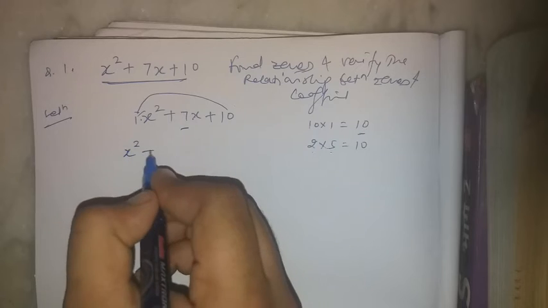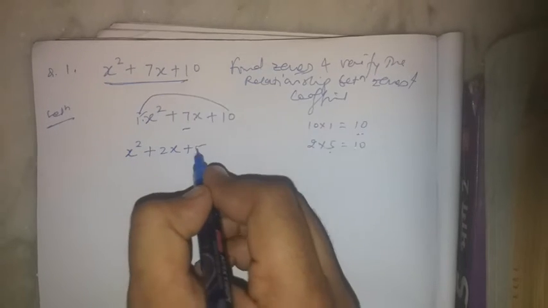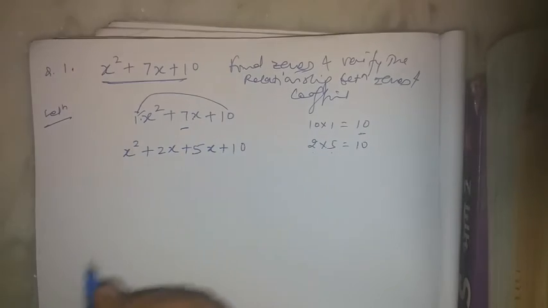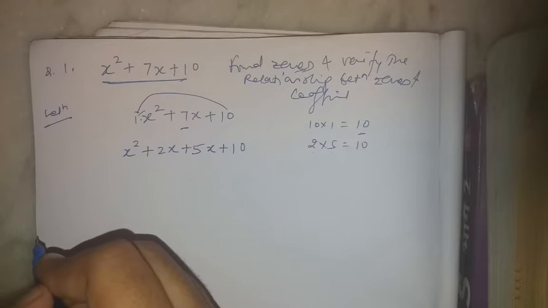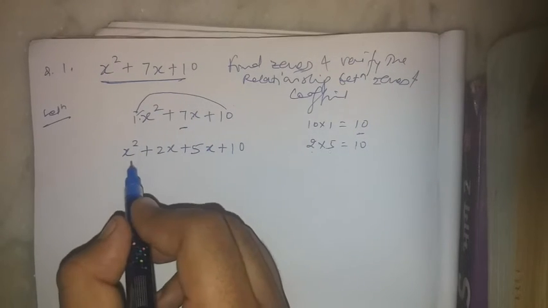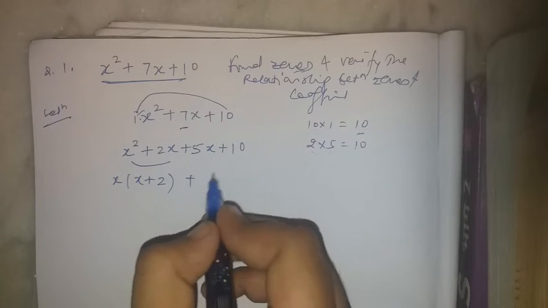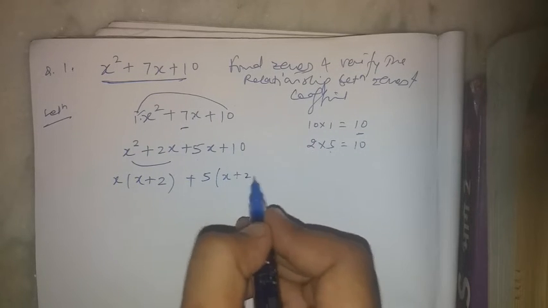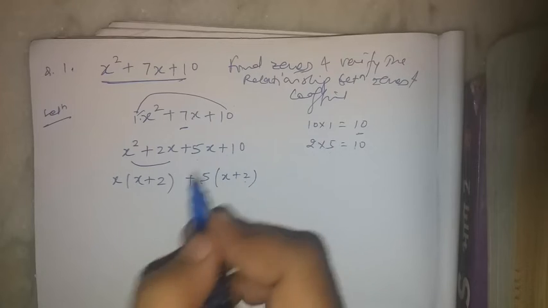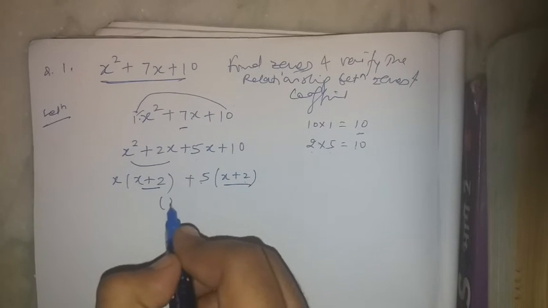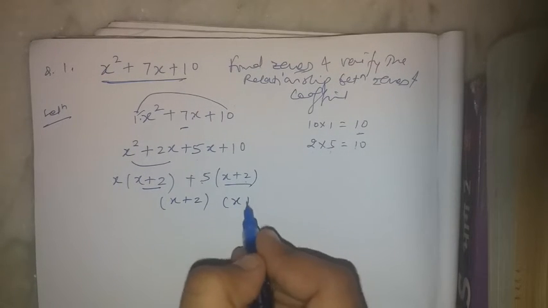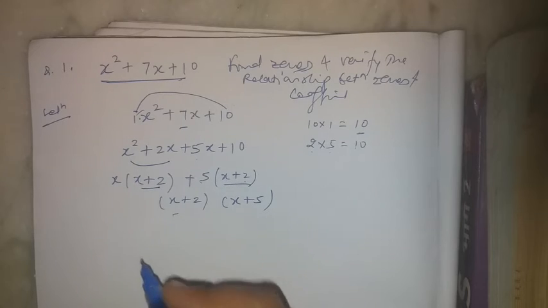So x square plus 2x plus 5x plus 10. In 9th class you learned factorization. Take x common from the first two terms, x plus 2, and 5 common from the last two, 5 times x plus 2 gives 10. So the factorization is x plus 2 times x plus 5.